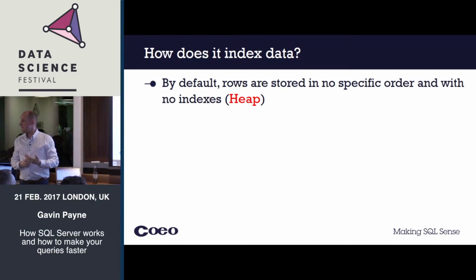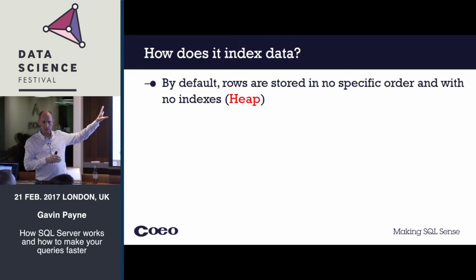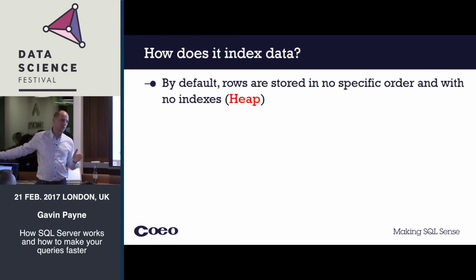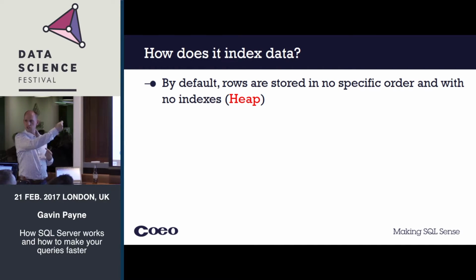That can be very fast because there's no metadata to manage and no replacing of data to keep it in order. So that's very good, for example, for data warehousing staging tables, where we want to just load data into a table and then pull it all out again. For a transactional system that wants to find a very specific row in a very big table, that's the worst situation you could have.